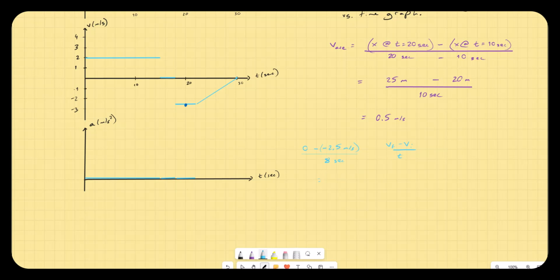When I calculate this, I get 0.3125. So maybe I've even got room to say 0.1, 0.2, 0.3, 0.4. I have an acceleration here. The slope of this line is constant, and it's 0.3125 meters per second squared. So I'm going to get a constant acceleration of 0.3125, something like here. And that's going to carry me through to the end.